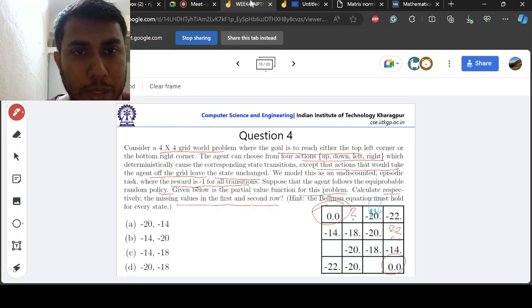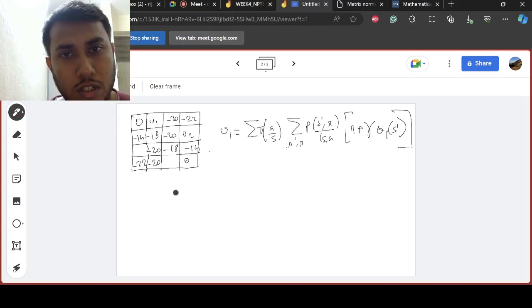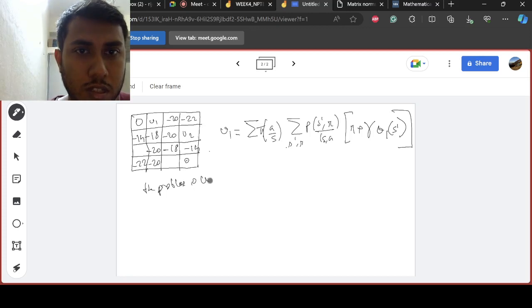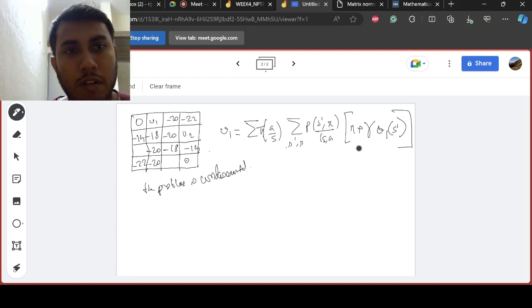Now the problem also says that it is undiscounted. If it says it is undiscounted, that means gamma is equal to 0.